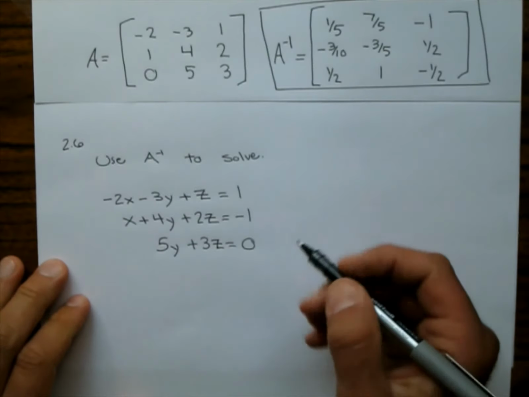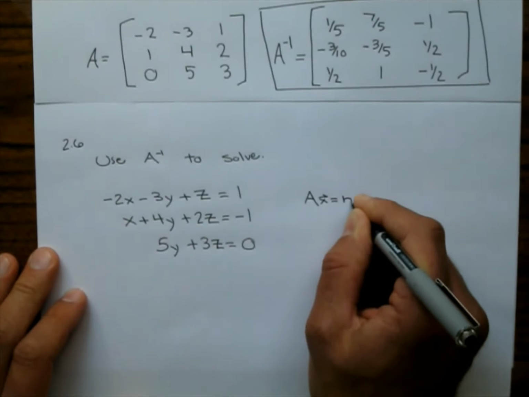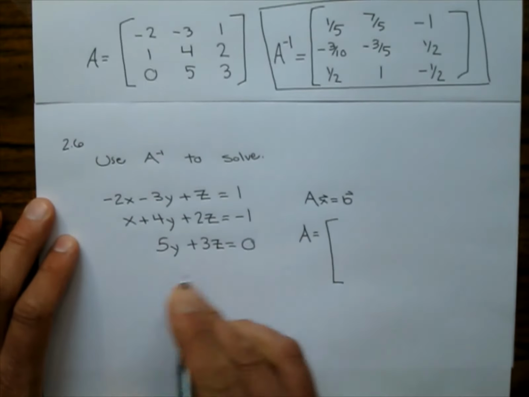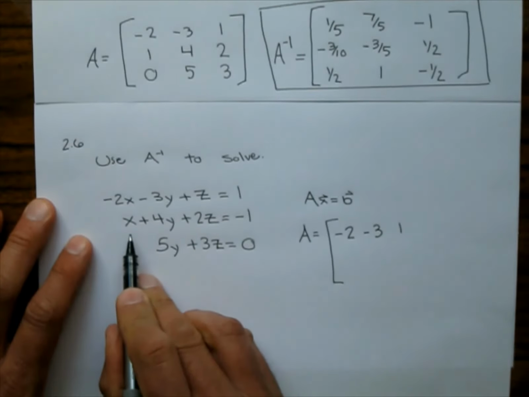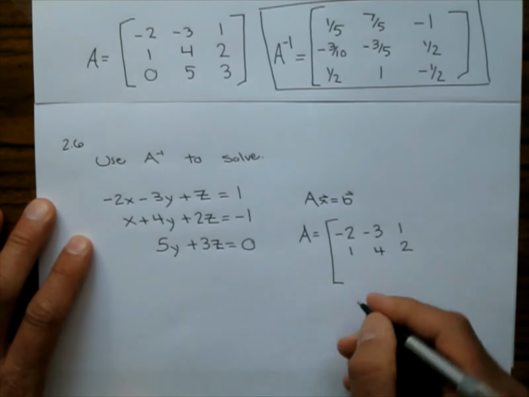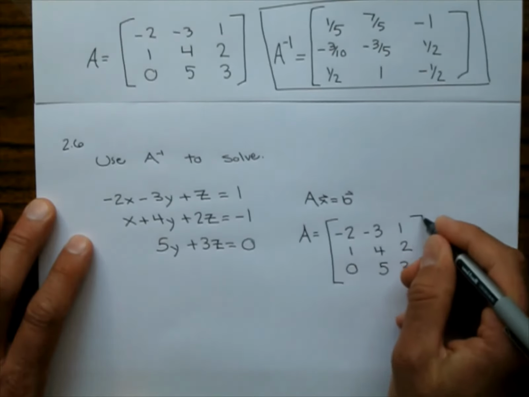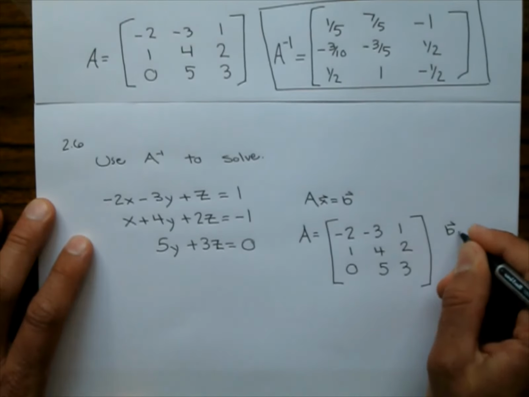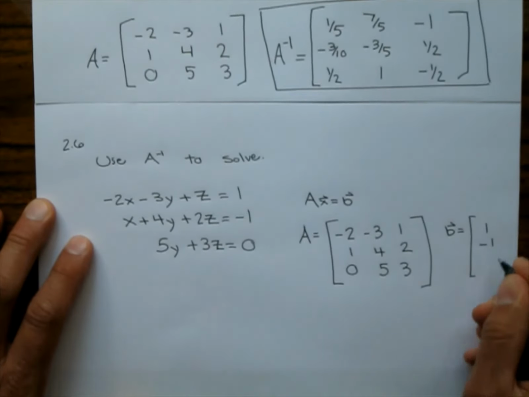And so basically we have the problem that looks like AX equals B, where A equals the coefficients there. Look, negative 2, negative 3, 1, and then 1, 4, 2, and 0, 5, 3. If you didn't understand why I put this back here, it's because that's exactly this matrix here. The right-hand side vector B happens to be these three numbers here. So 1, negative 1, 0.